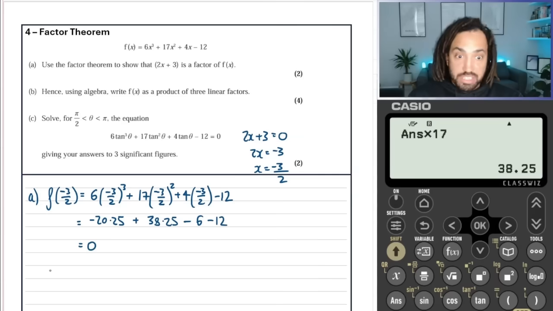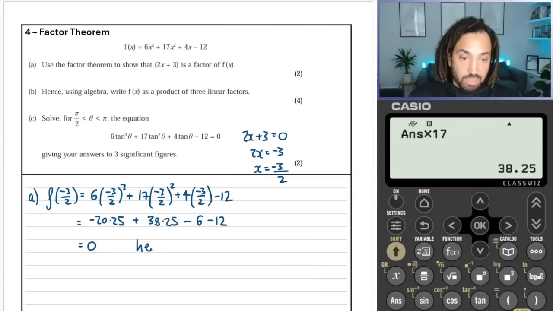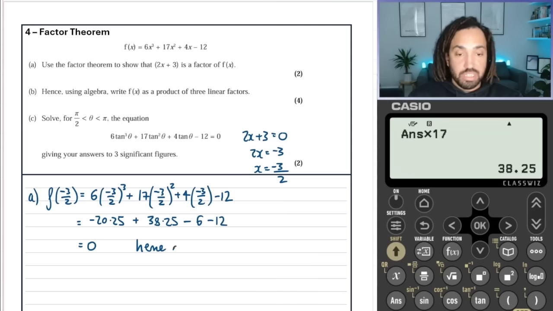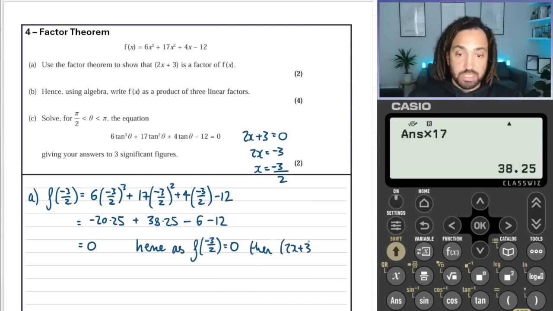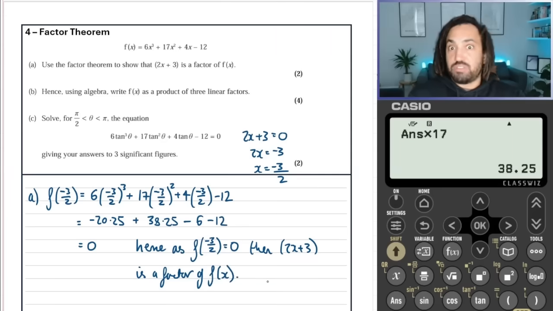And then even still, we've not completely finished. We say hence, as f of minus 3 over 2 equals 0, then 2x plus 3 is a factor of f of x, not just a factor, because a factor of what?